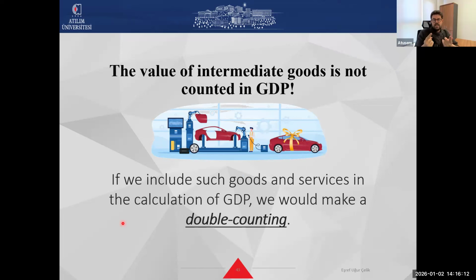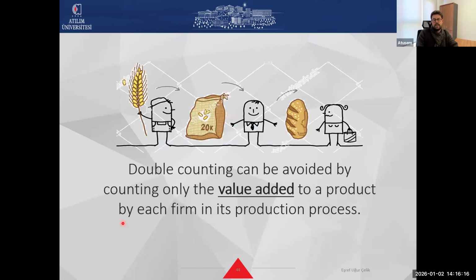We count twice. That's why that is called the double counting error. How can we understand how much value to include in GDP, eliminating the intermediate goods valuation to avoid the double counting error?